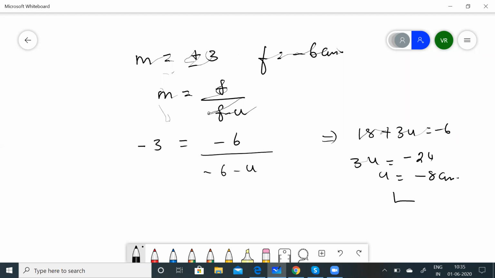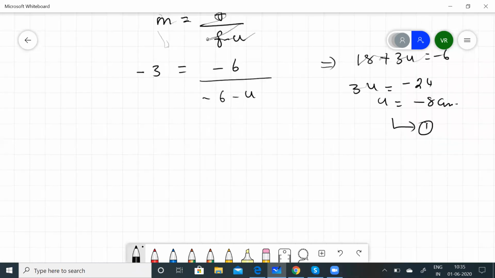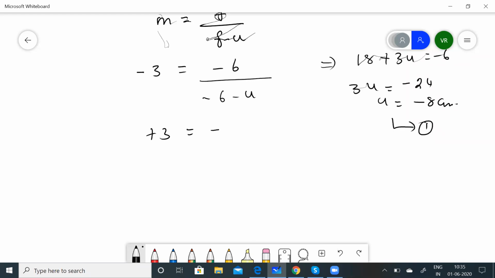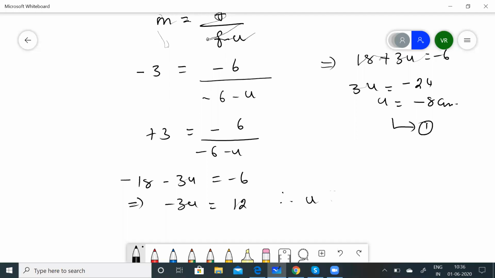So this is 1. What is the case if it is going to be a virtual image? Plus 3 is equal to minus 6 by minus 6 minus u, then it becomes minus 18 minus 3u is equal to minus 6, or this implies minus 3u is equal to 12, or therefore u is equal to minus 4 centimeters.